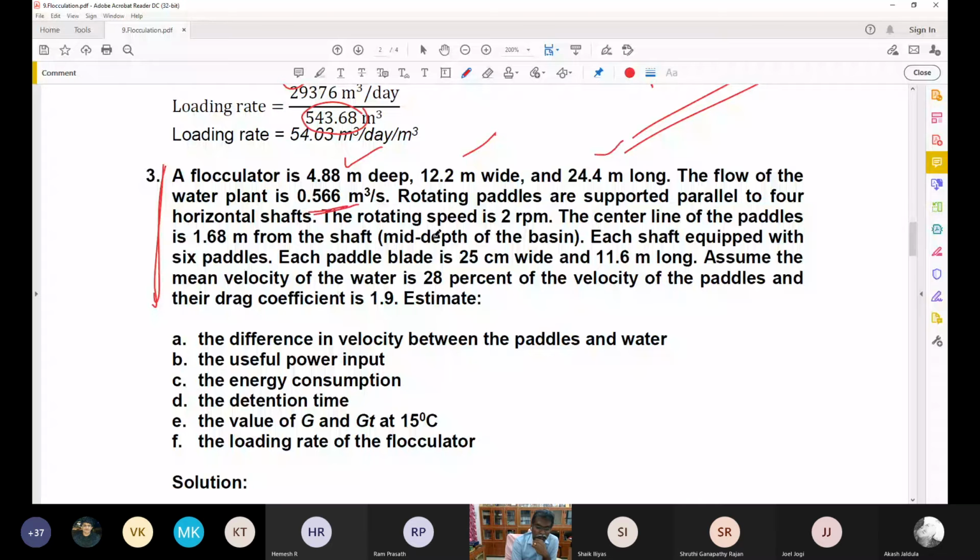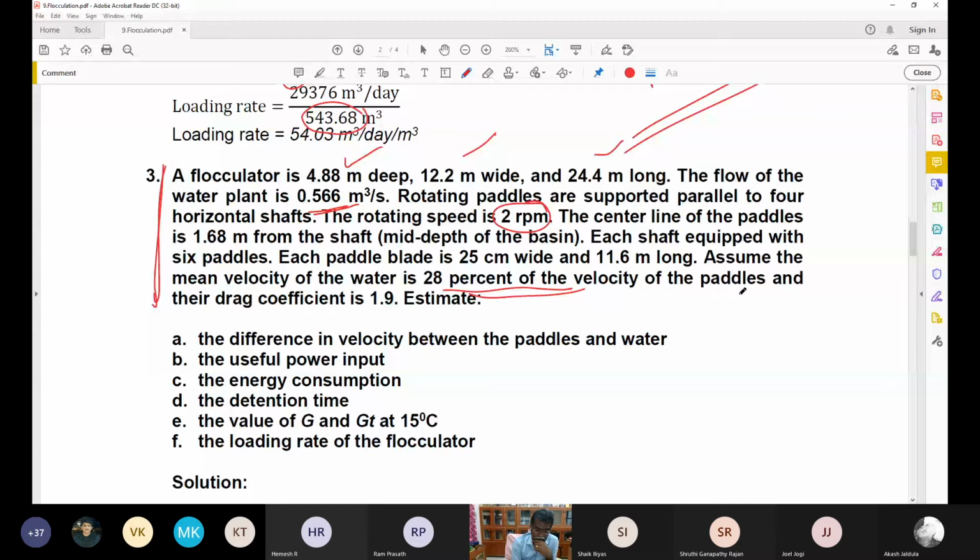The center line of the paddle is 1.68 meter from the shaft. That means it's the mid depth of the basin, and each shaft is equipped with 6 paddles, and each paddle blade is 25 meter wide and 11.6 meter long. Assume the mean velocity of water is equal to 28% of the velocity of the paddles, and the drag coefficient is 1.9.